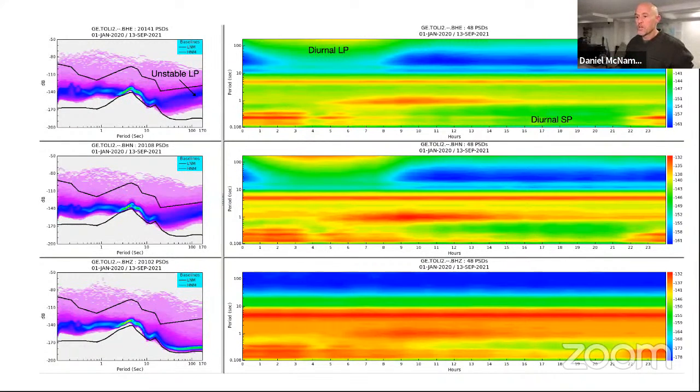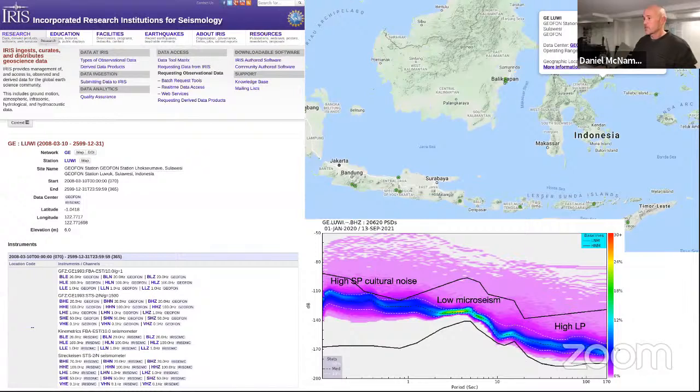Again, the short period noise levels look very good here, but the typical long period problem persists. And we'll just keep moving through the network. This one is not as good. This is LUWI.